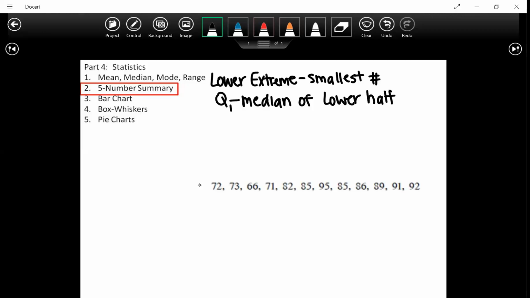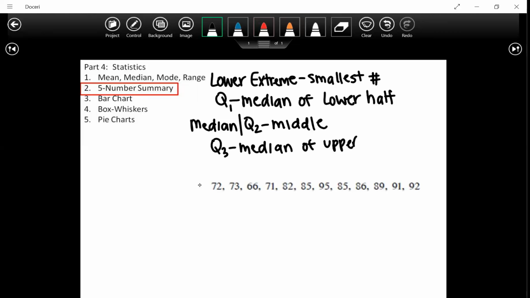Then we have median, or another way to say this would be Q2, would just be the median, middle. And then Q3 is the median of upper half. And then our upper extreme is our largest number.